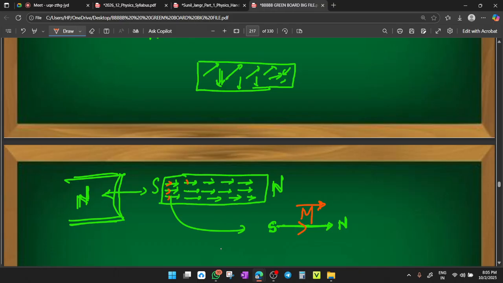So, to what extent does the material get dipolarized per unit volume?